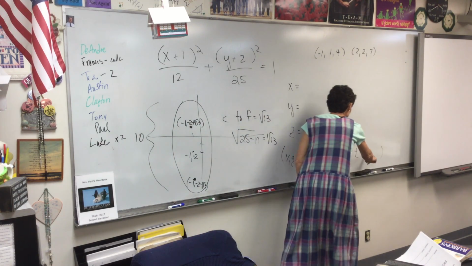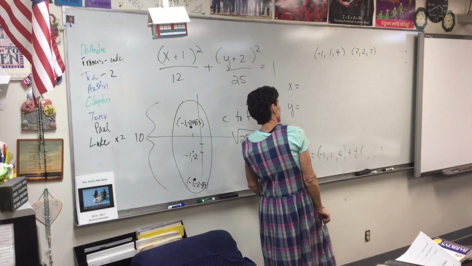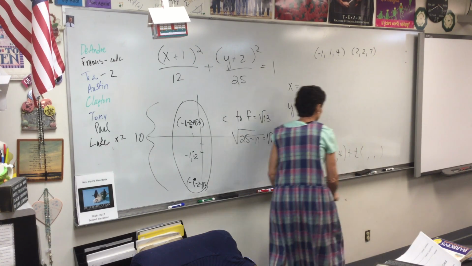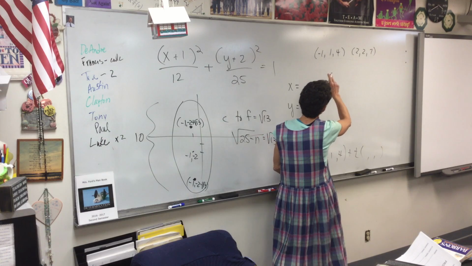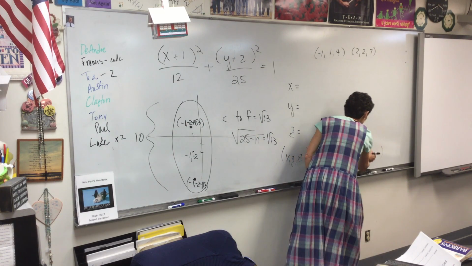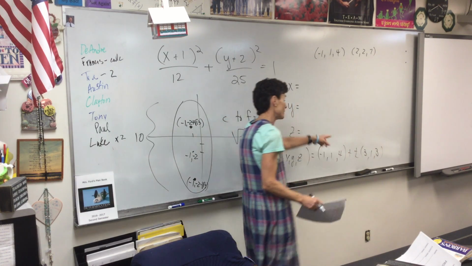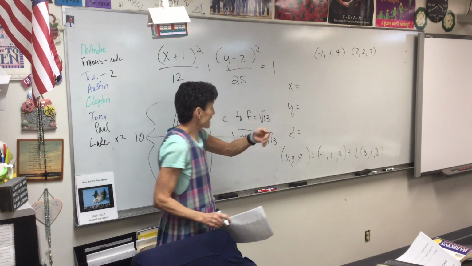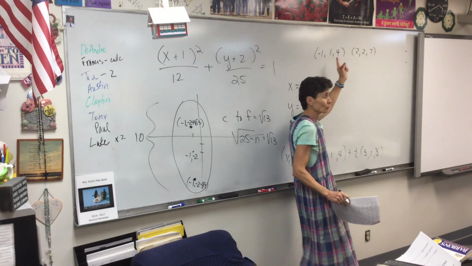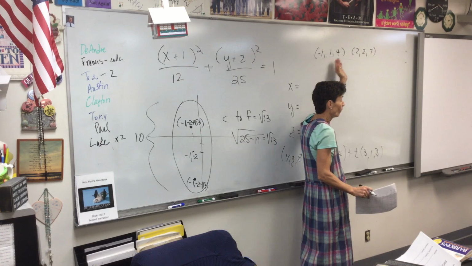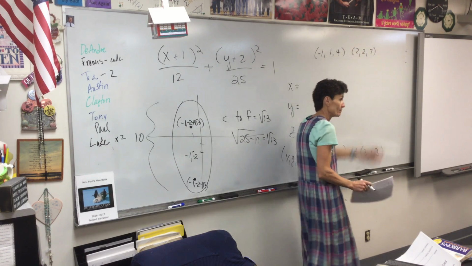And what goes here? Not 2, 2, 7. What goes here? 3, 1, 3. Yep, that's exactly right. How did we get 3, 1, 3? That's the directed distance, the vector coordinates from this point to this point.